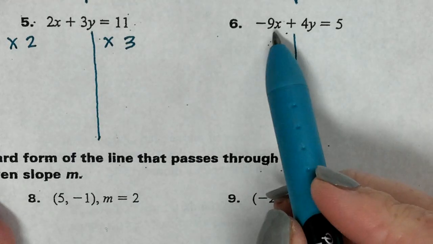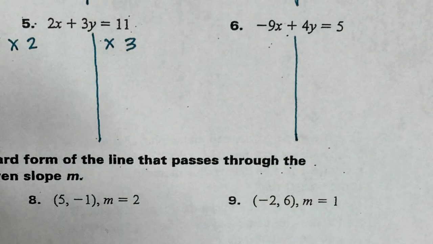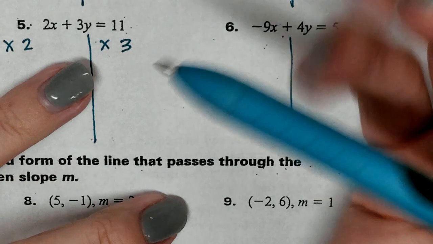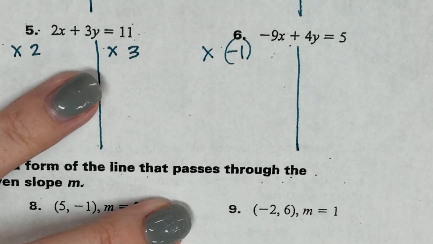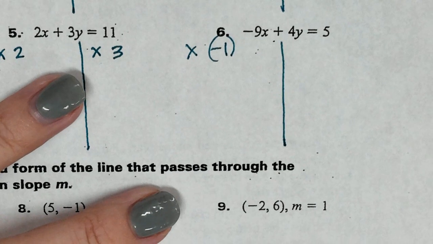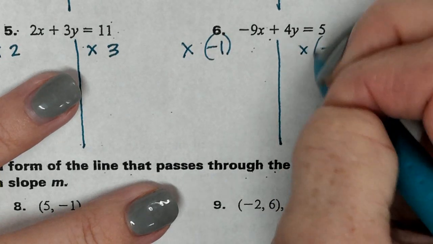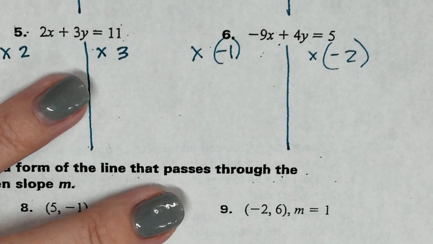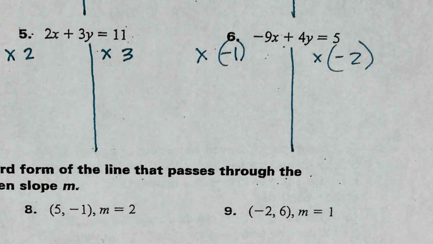What could we multiply by to keep it the simplest answers? -1. Multiply by -1. Then we could multiply by -2. So you wouldn't be wrong to say multiply by -3. We're just trying to keep it as simple form as possible.